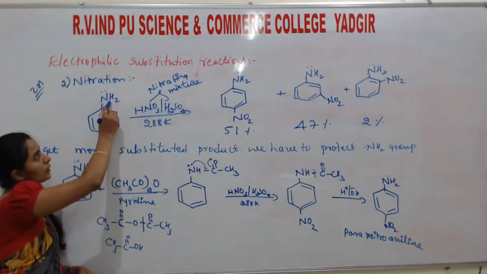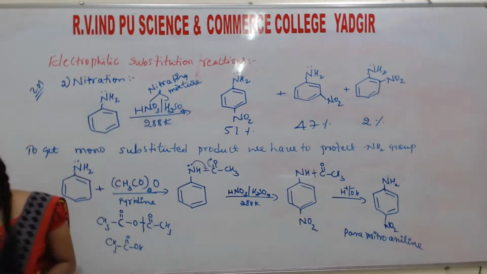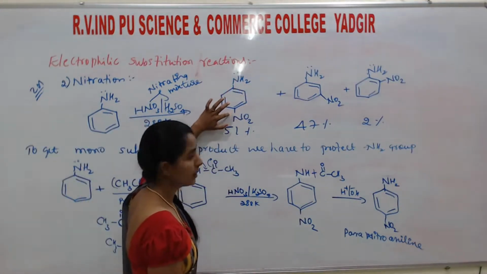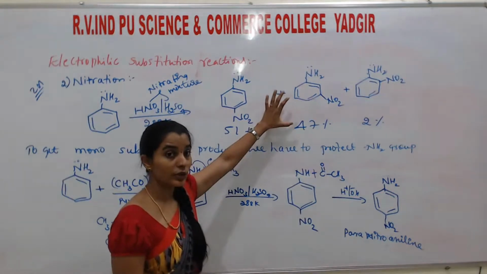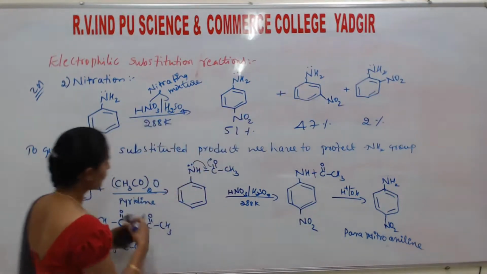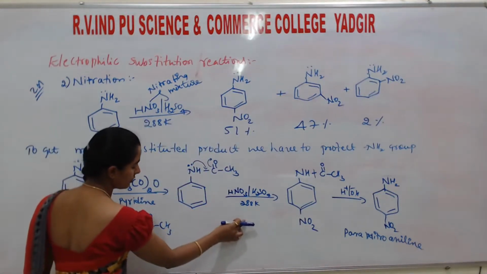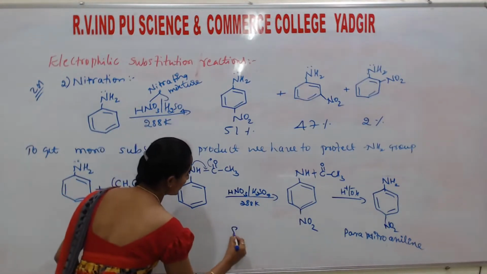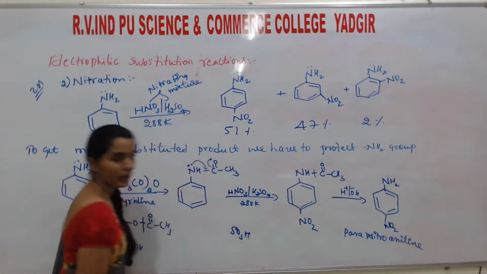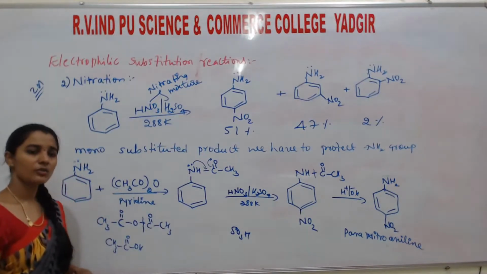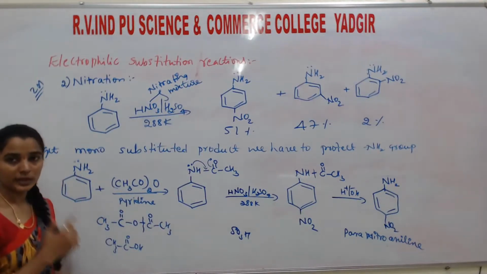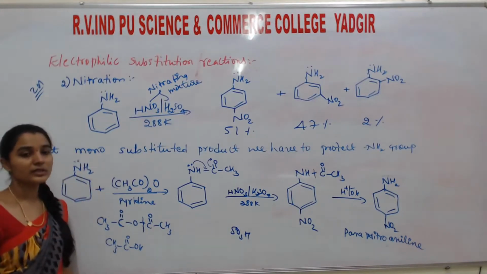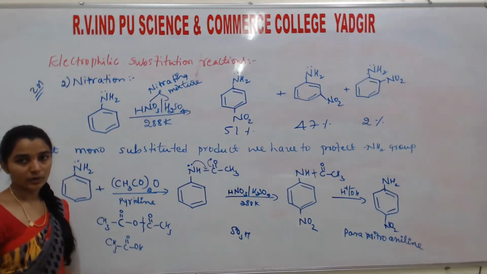In the place of NH2, they give tri-substituted here and here like this. SO3H will attach here. If you protect this and do sulfonation here, instead of the NO2 group, the SO3H group will attach. Okay, you do it yourself. In the next class, I will explain again, along with the diazonium salts, that will complete the chapter.